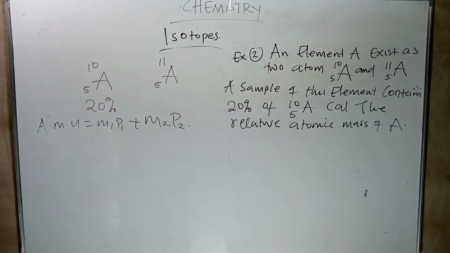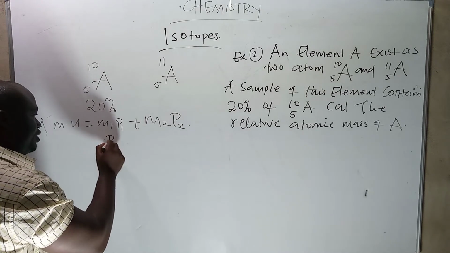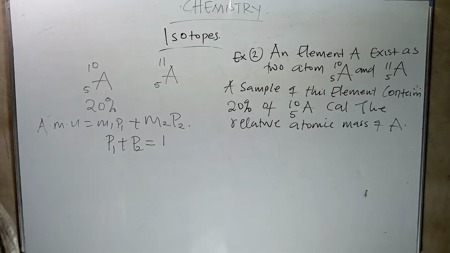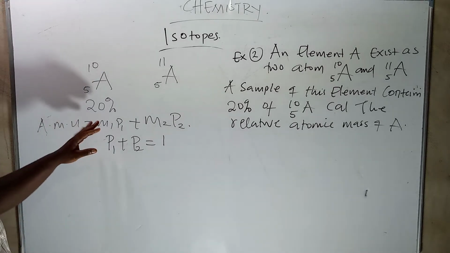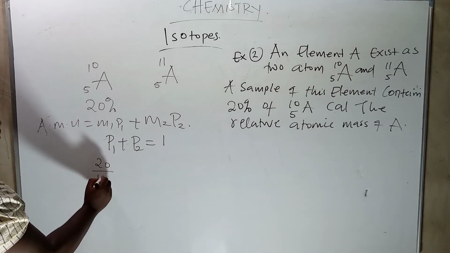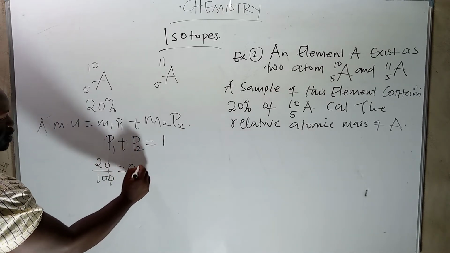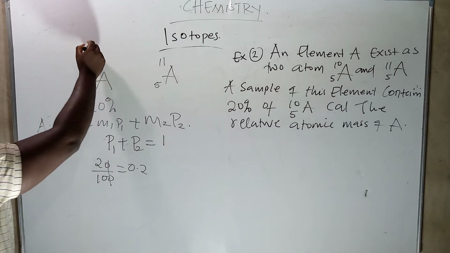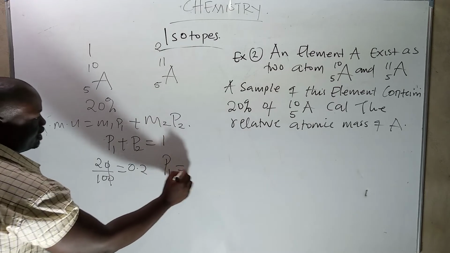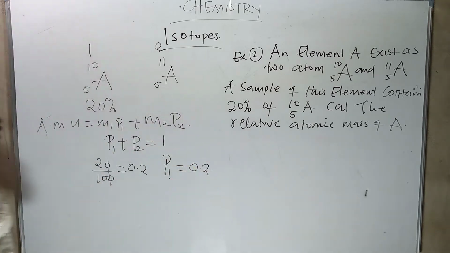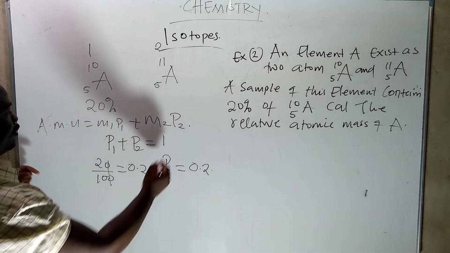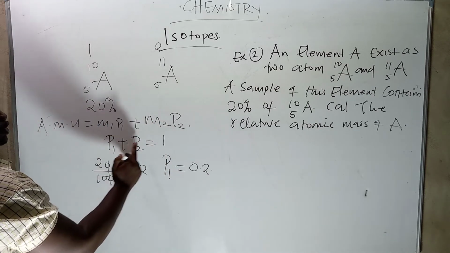Remember, P1 plus P2 must be equal to 1, and whenever you have a percentage like 20%, that 20% is over 100, which gives you 0.2. Remember, this is 1 and this is 2. So automatically your P1 is 0.2.